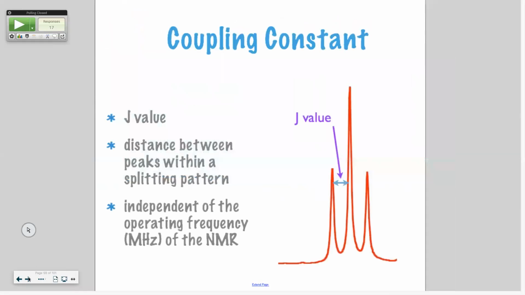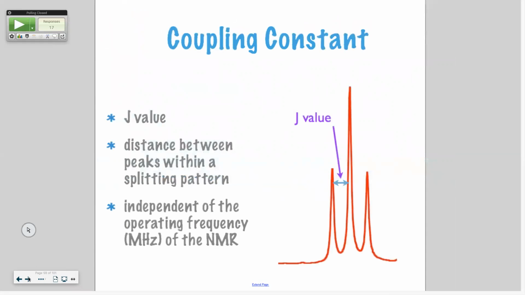You might not know. Okay. A coupling constant is the distance between the peaks within a splitting pattern. It is often referred to as the J value. The J value. Do you have this? Okay. It is again independent of the operating frequency of the NMR.